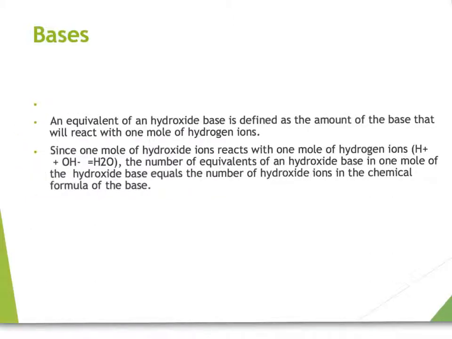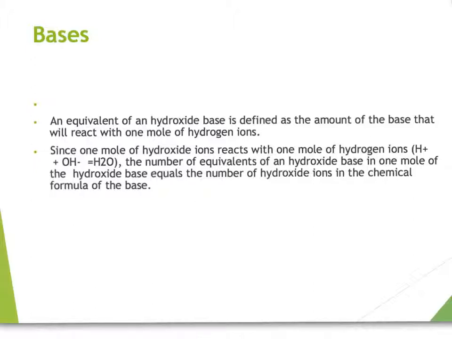Base equivalence deals with hydroxide bases, and it is defined as the amount of base that will react with 1 mole of hydrogen ions. Since 1 mole of hydroxide ions reacts with 1 mole of hydrogen ions, the number of equivalents of a hydroxide base in 1 mole equals the number of hydroxide ions in the chemical formula.